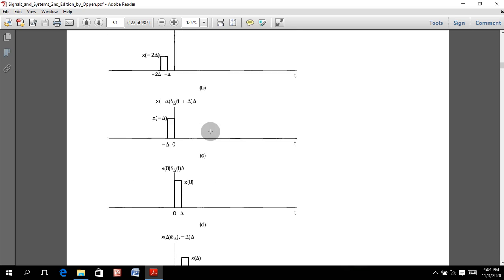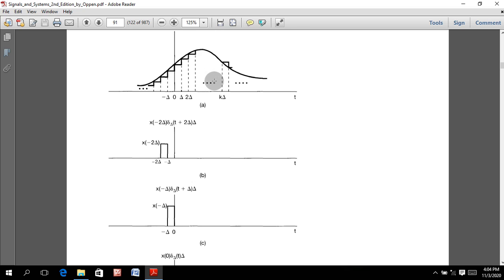After adding up all these signals, we get the input signal. It is the same process as in the discrete time case, where x of n is the input signal. We decompose that signal using impulse signals and feed them to the system. We will do the same thing in the case of a continuous time signal.